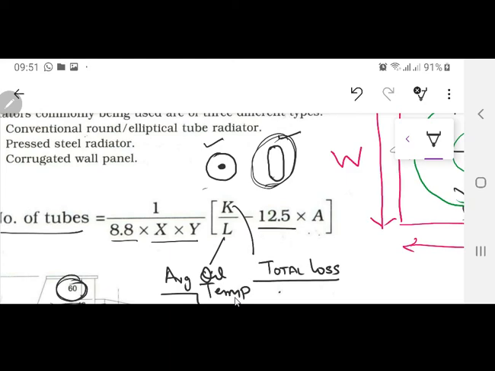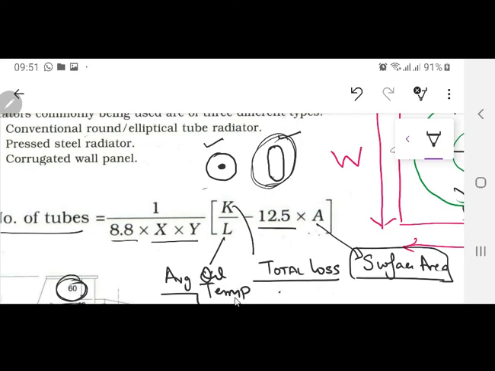Then 12.5 coming from the same formula, as I told you, radiation has 6, convection has 6.5. So combined, it is 12.5 watts per meter square per degree centigrade. A is actually the surface area of your tank.